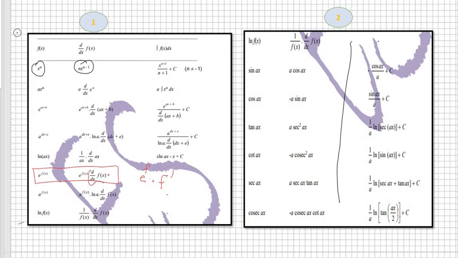This symbol simply means derivative. So e to the power of f multiplied by the derivative of f is the same as e to the power of f multiplied by the derivative of the function f of x with respect to x. So it doesn't matter.